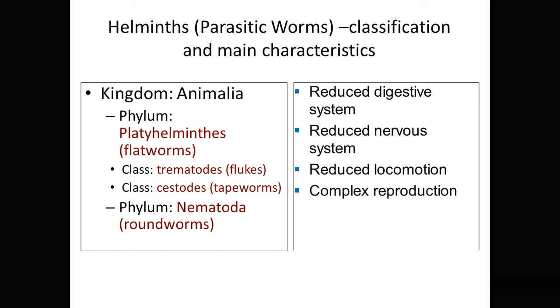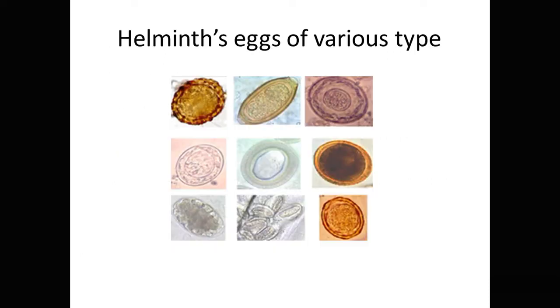They merely sit in one place and feed. They have reduced locomotion. They don't need to move much within the body, but they have complex reproduction because they have to spread efficiently. So that's why reproduction is very important.